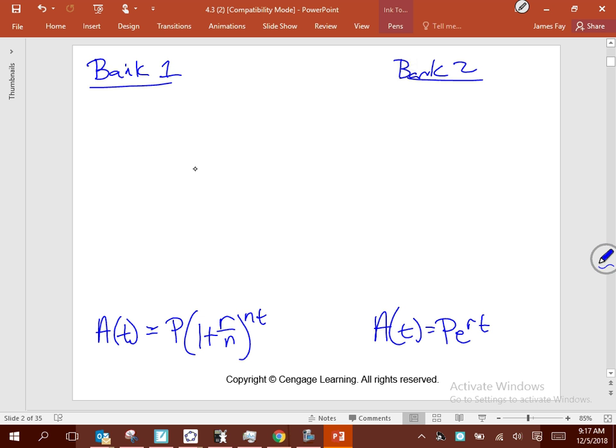So if I'm working with just simple compound interest, and I'm going to deposit, let's say, $500, and I'm trying to decide what bank to go with. Let's say Bank 1 can only compound monthly.